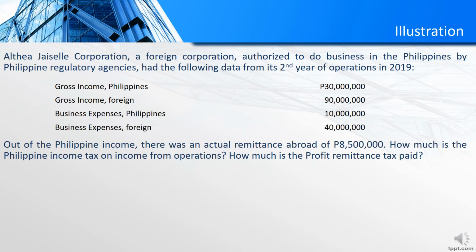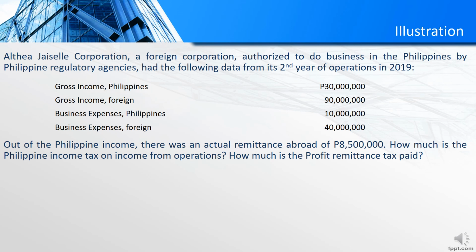Let's have another illustration. This time, we have Althea J-Cell Corporation. Althea J-Cell Corporation is a foreign corporation authorized to do business in the Philippines by Philippine regulatory agencies and had the following data from its second year of operations in 2019.